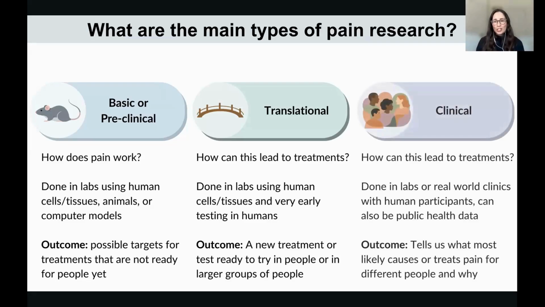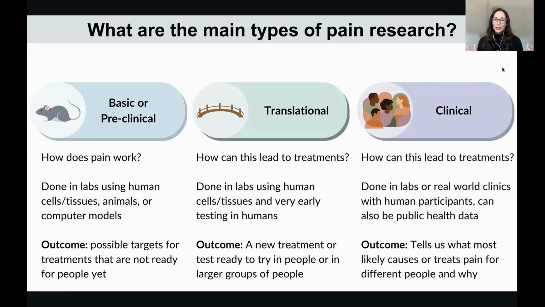And that's where we get into clinical research. And so clinical research is really saying, how can we take what we've learned from basic translational and apply it to humans? And so this is done in labs and can also be done in real world clinics with human participants.